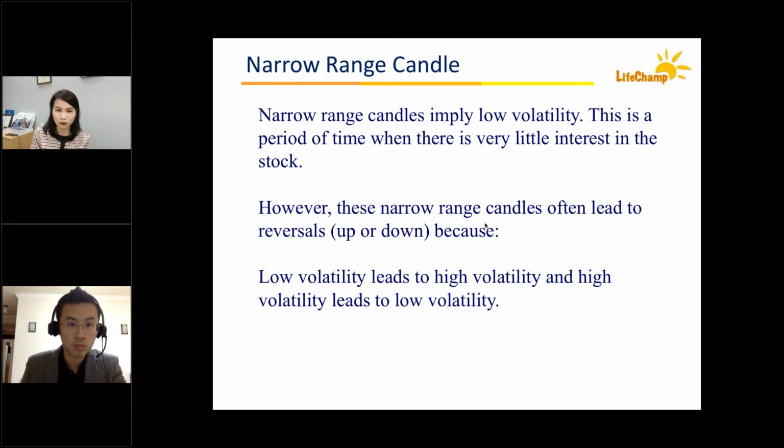It's like the calm before the storm, a calm situation before the stormy weather. Okay, so that's the narrow range candle. When you see those, especially doji or small narrow candles, that could mean bigger price action is ahead.